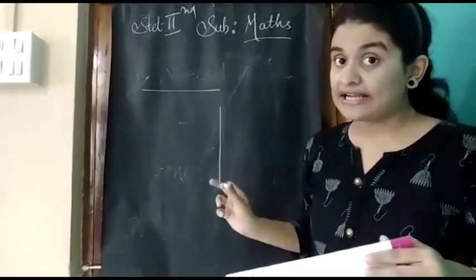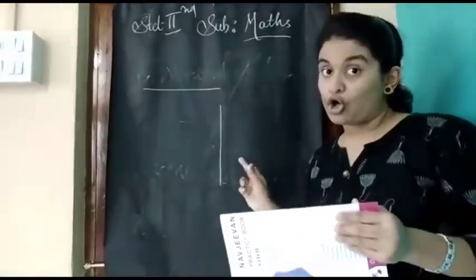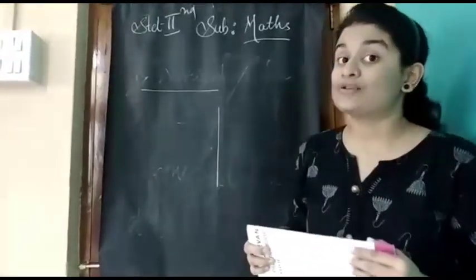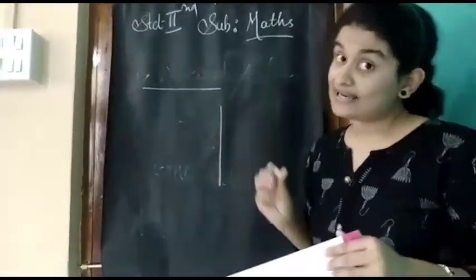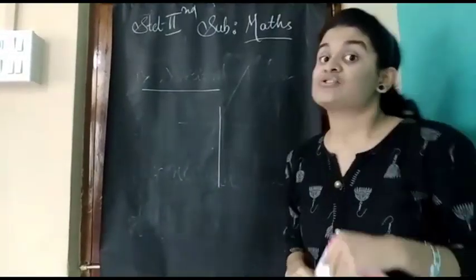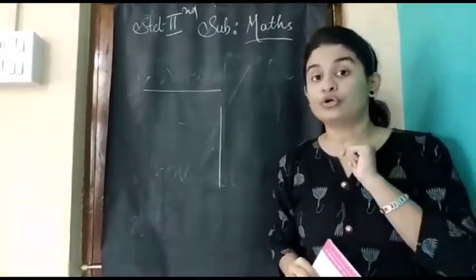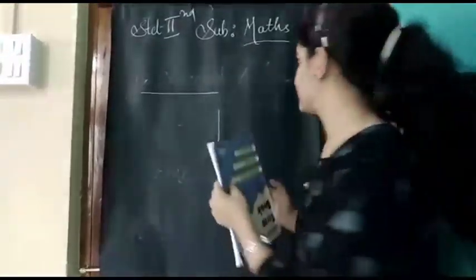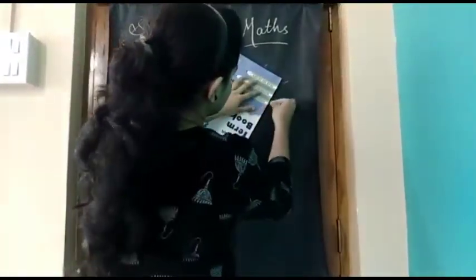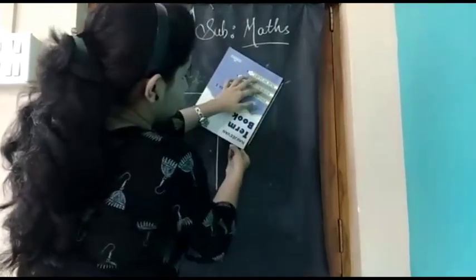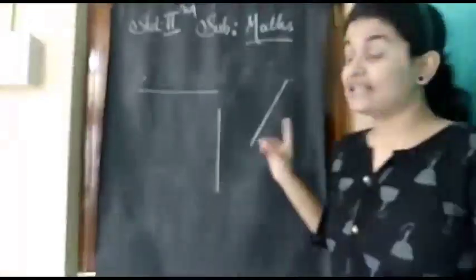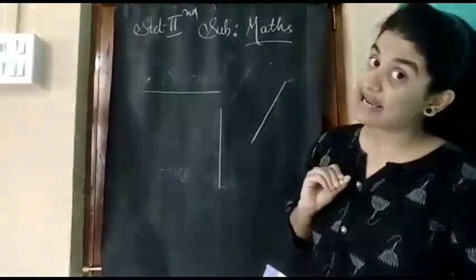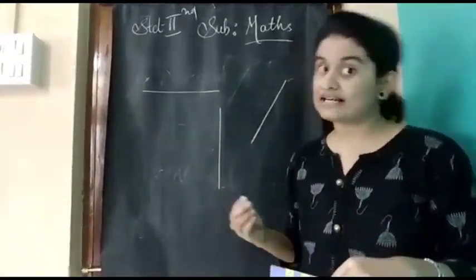Students, the second line which I had drawn on the blackboard is known as vertical line. Right? Students, now if I tell you to draw third line with the book, can you draw? Yes. Students, this line which is formed by the book is known as inclined line or slanting line.